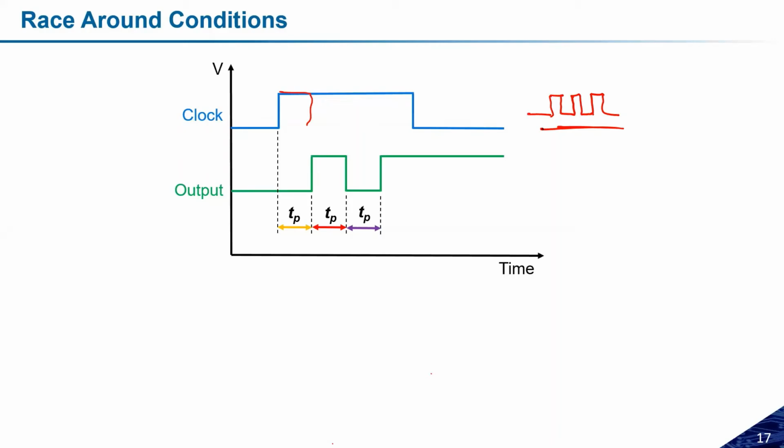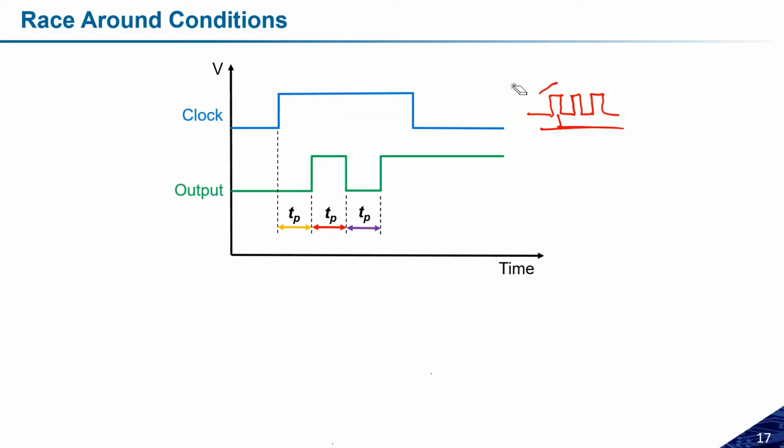If we cannot reduce them to 0, we need some finite pulse width of the clock pulse, and with a finite pulse width there may still be a possibility of the race around condition. We can definitely reduce the race around problems, but we cannot remove them 100% by reducing the clock pulse width.